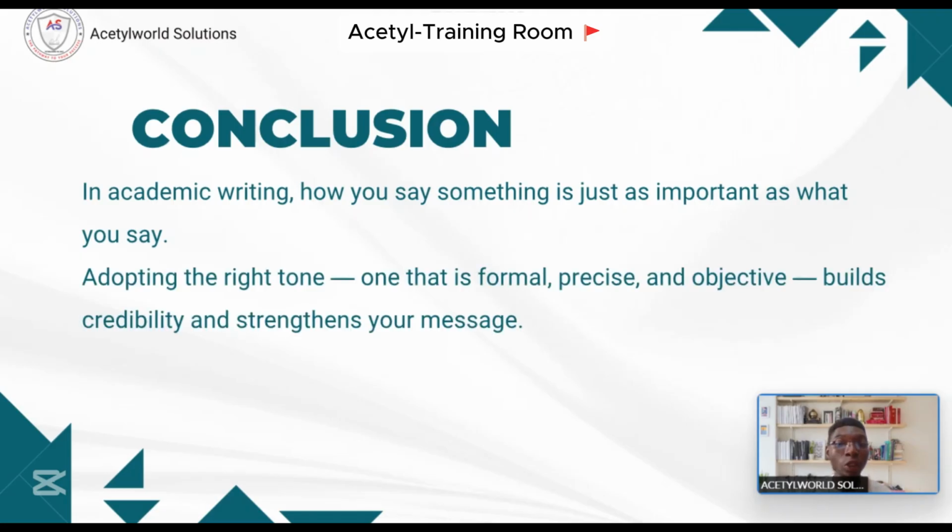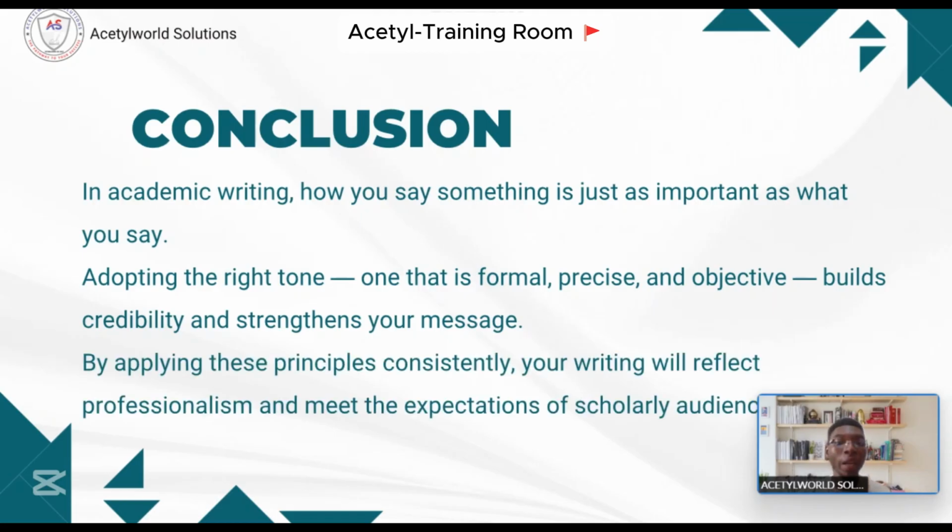Adopting the right tone, one that is formal, precise, and objective, builds credibility and strengthens your message. By applying these principles consistently, your academic writing will definitely reflect professionalism and meet the expectations of the scholarly audience.